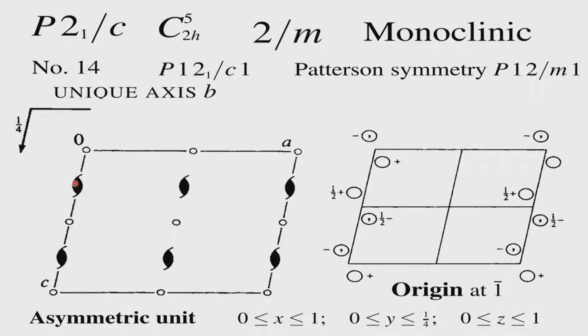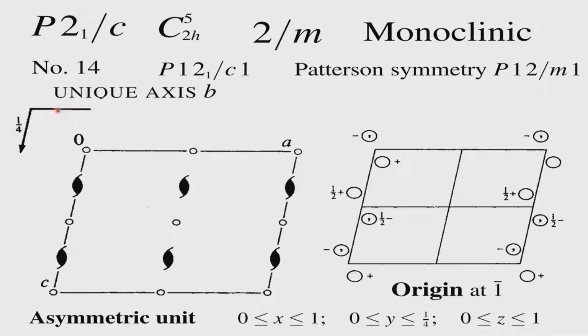The presence of the 2-1 screw is at 1/4 the distance, and then you see the presence of the glide plane, which is shown up here because it is coming in a direction perpendicular to that, and that is also at 1/4. Therefore, we see that the two-fold axis, screw axis and the glide planes are shifted by 1/4 and 1/4.